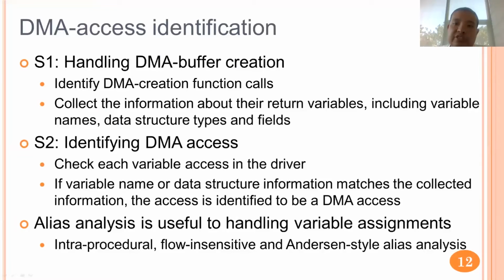Specifically, we check each variable access in the driver code. If variable name and data structure information matches the collected information, the access is identified to be a DMA access. Note that in the 2 steps, we use an intra-procedural, flow-insensitive, and static alias analysis to handle variable assignments.